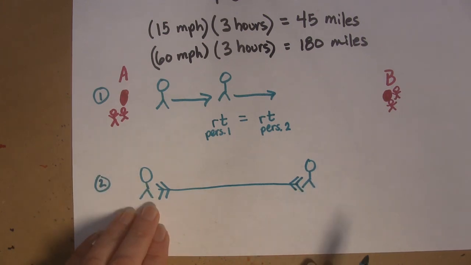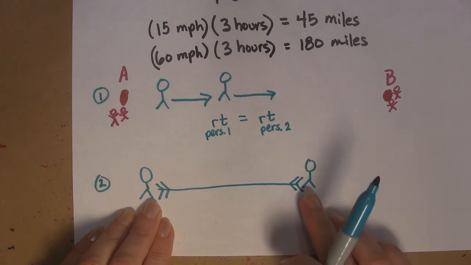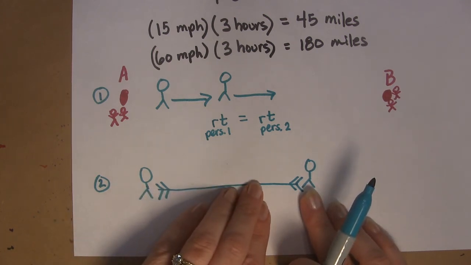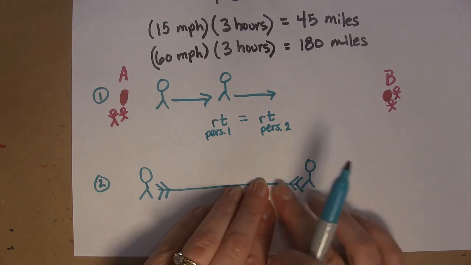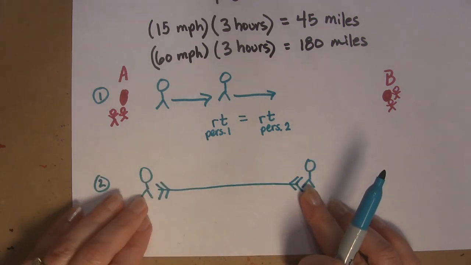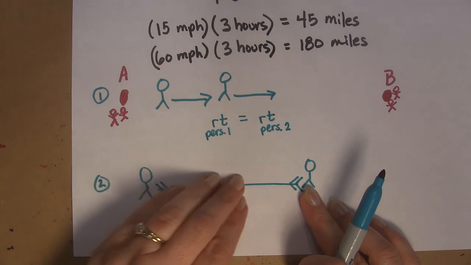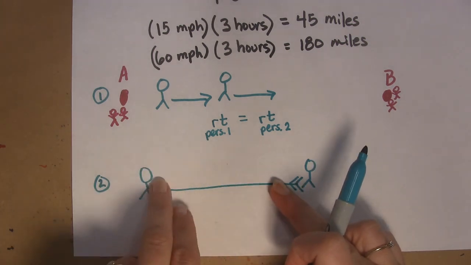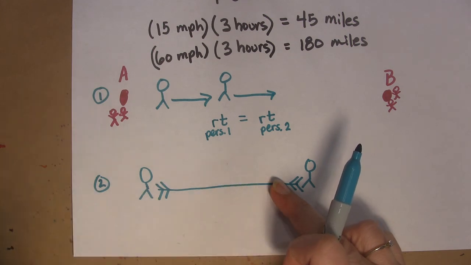For instance, if this person is moving very quickly and this person is moving very slowly, this person is going to get a lot farther along this distance path than this person is. Think of, here is a cheetah running this way and here is a snail gliding this way, right? The cheetah is going to do most of the work.